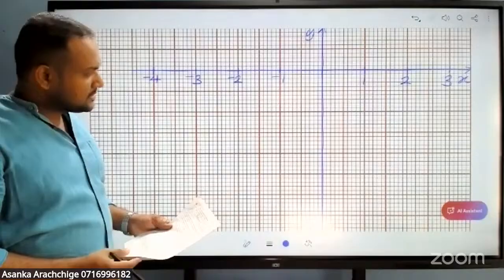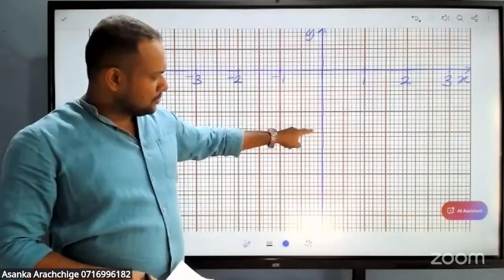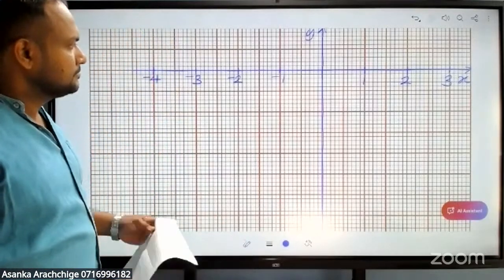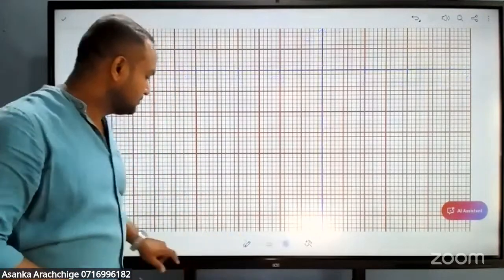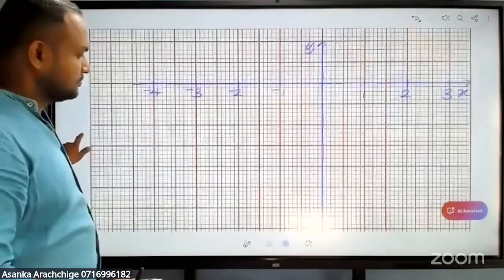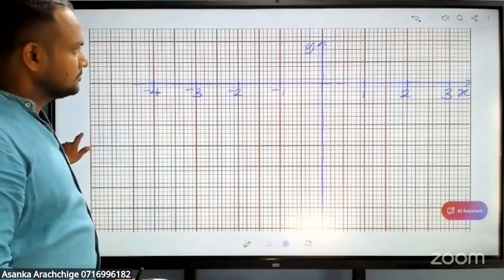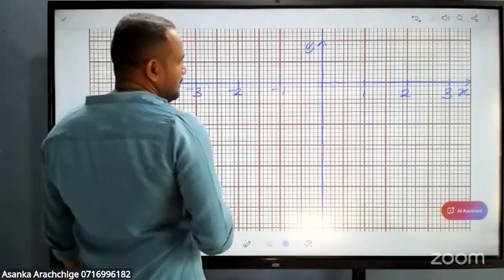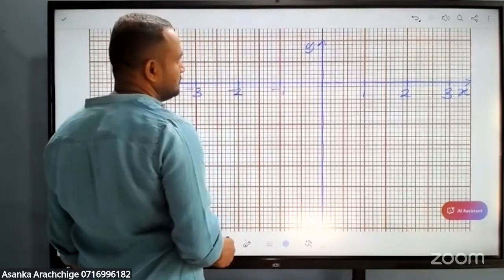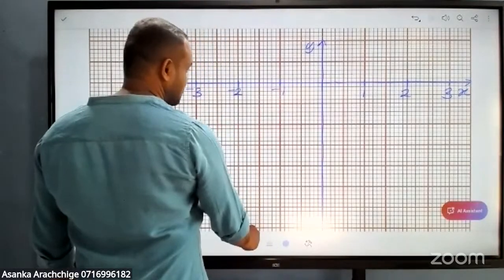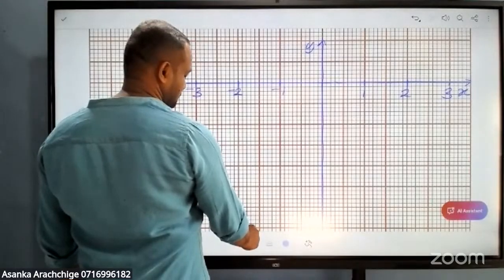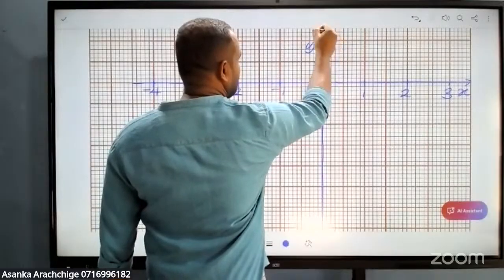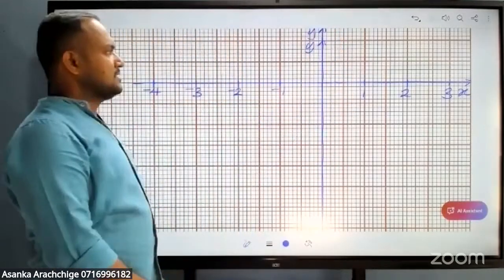But when I graduate the y-axis, 1, 2, 3, 4, 5, 6, 7. I take the end of the y-axis there, right?